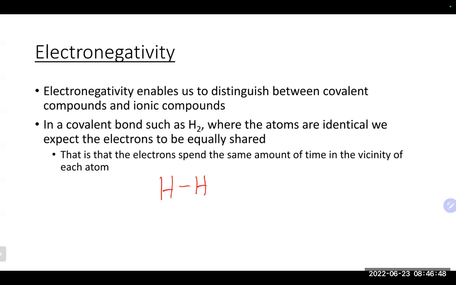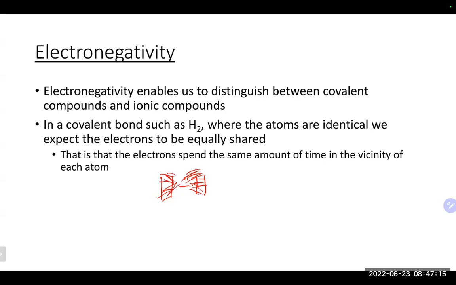They're going to spend about the same amount of time. You can think of it like a magnet: hydrogen on this side is basically identical to this side. So the pull on those electrons is going to be equal in both directions. We'll get an equal distribution. My little fan in here is the electron density. We'll have an equal sharing of those electrons on both sides.